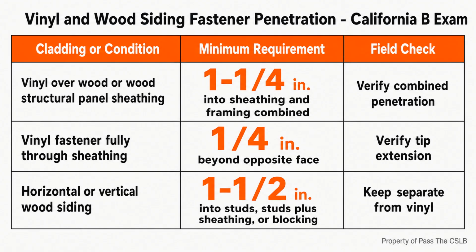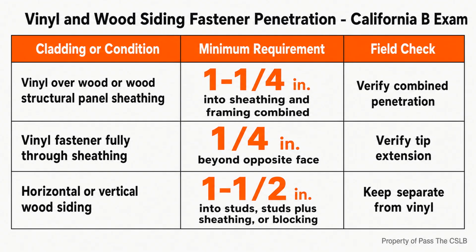Expansion gaps need careful language because this is where product-specific instructions matter most. The research report supports the general movement principle for vinyl and other polymer claddings, but it also sets a clear teaching boundary. Exact clearances vary by material, manufacturer, and applicable code. I do not turn one brand's end gap, butt joint detail, or nailing head spacing into a universal California number.